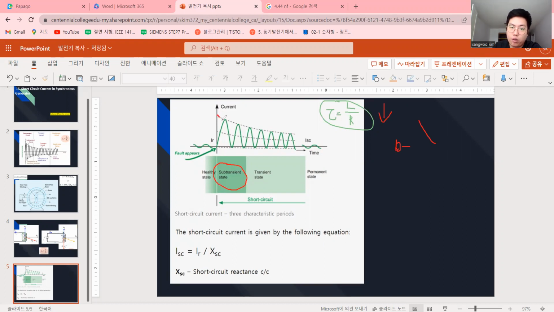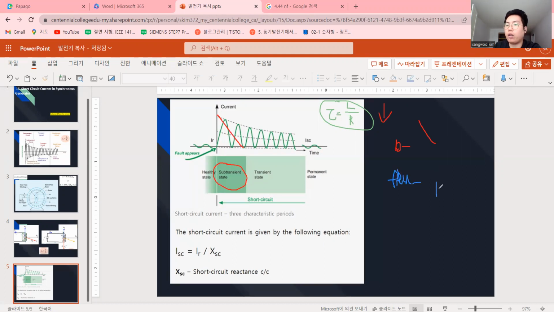So this red, you know what I mean? And then here I will draw with blue the damper and then the field. Here, field.